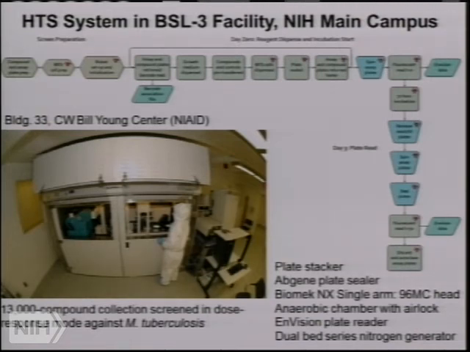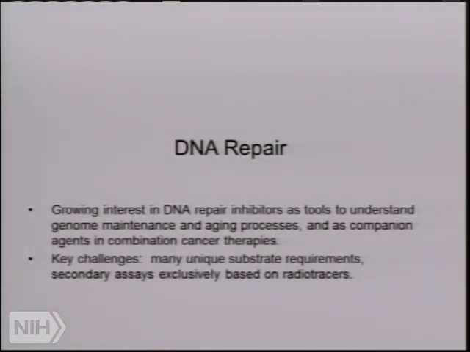And we've run a 13,000 compound library in dose response against MTB in various formats, so we can address some of these infectious disease categories. I'm going to switch gears and start giving you examples of various assays that we've had to develop for running these high throughput screens.